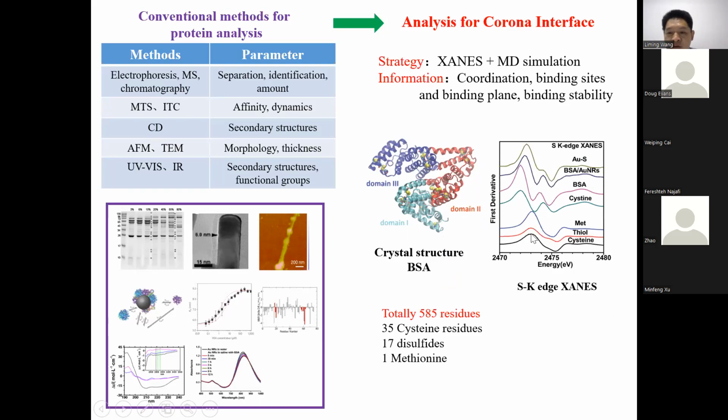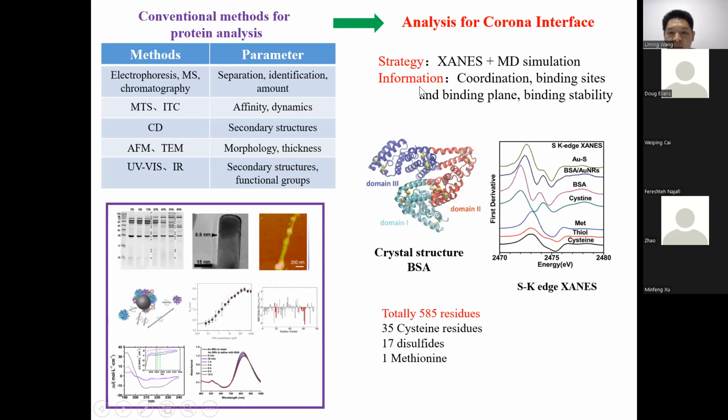Before and after interaction, the sulfur chemical form in albumin changes. For example, at the beginning, it has disulfide. Then after the interaction, the disulfide will break into thiol.